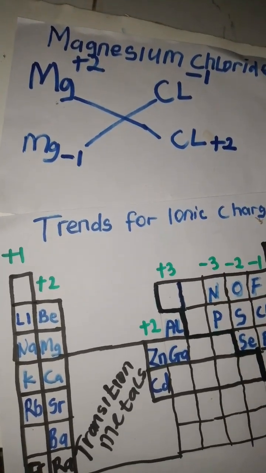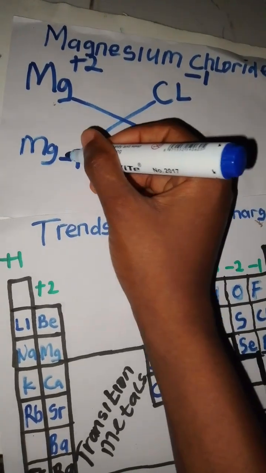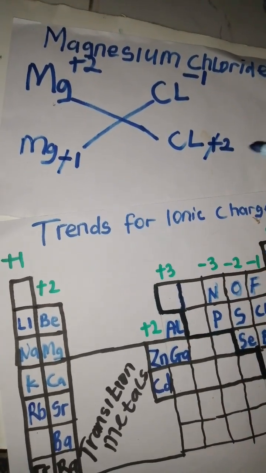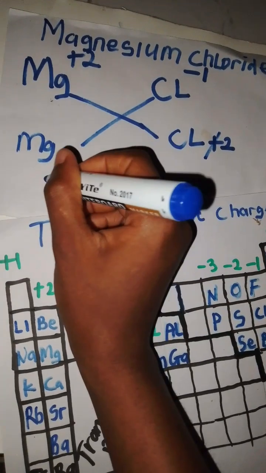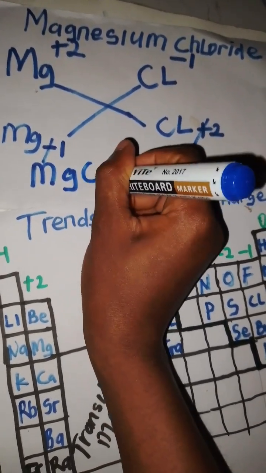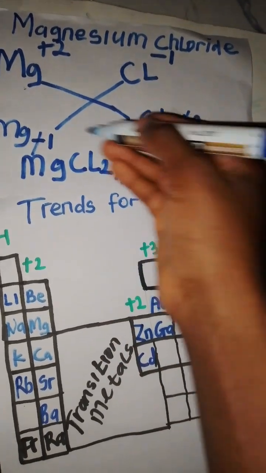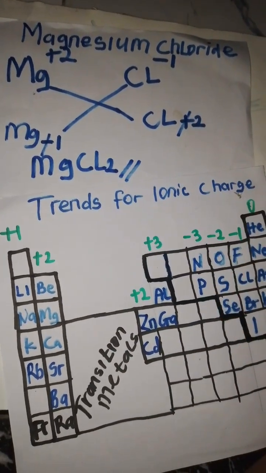Then step 4 says reduce to the final ratio and omit the charge. So I'm omitting the charge. So this is the final answer for magnesium chloride.